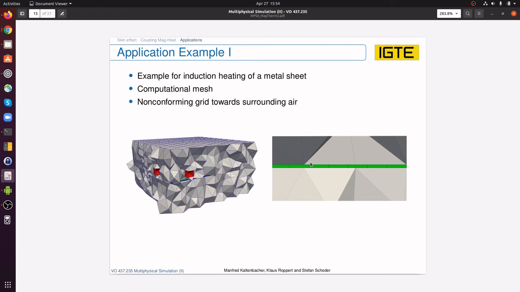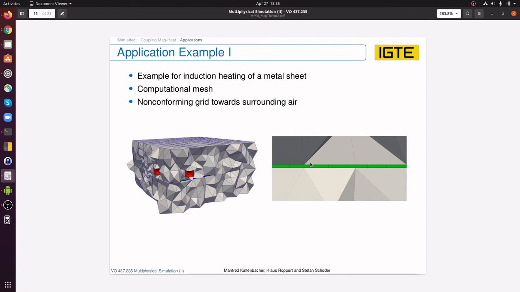But these pyramid elements have some bad numerical features, so they're not very pleasant to use in numerical electromagnetic simulations, because they result in some ill conditioning of your final system matrix.